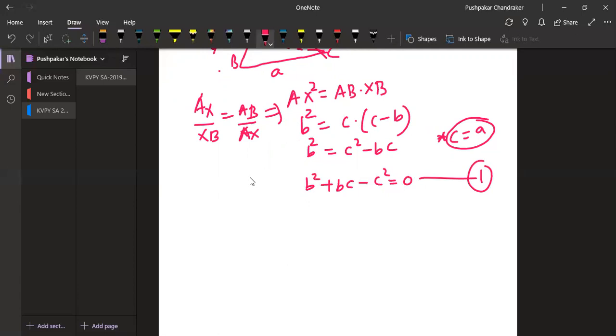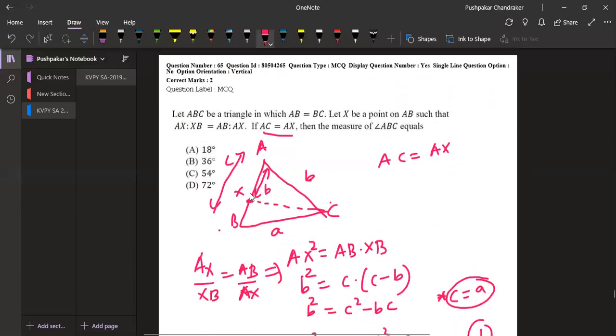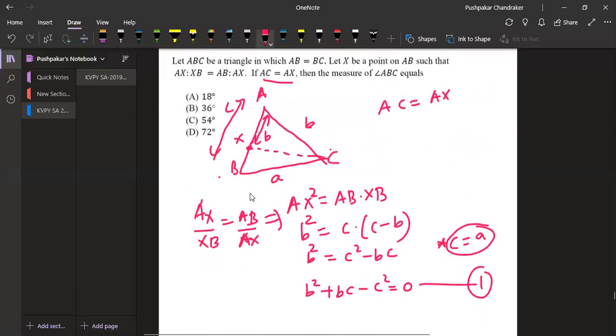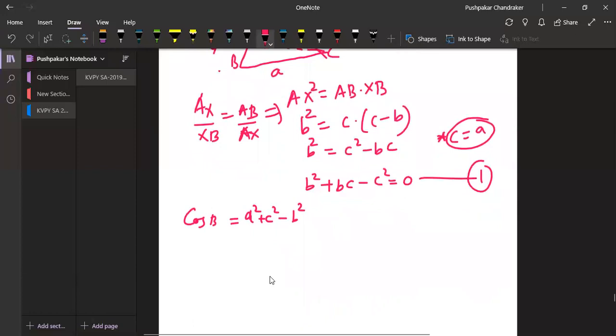Now let us apply the cosine law. What was asked in the question? The measure of angle ABC. So cos of angle ABC means angle B, cos B. Cos B is nothing but a squared plus c squared minus b squared divided by 2ac.